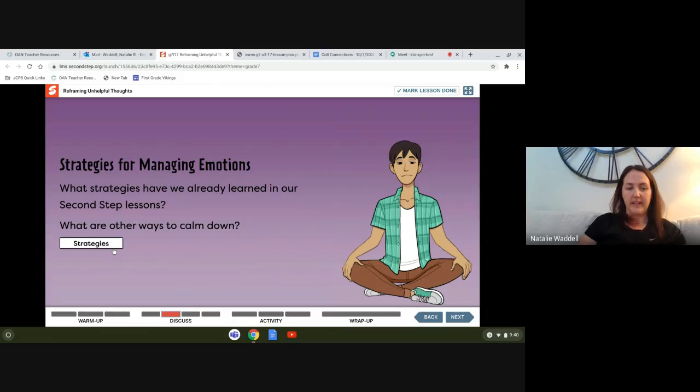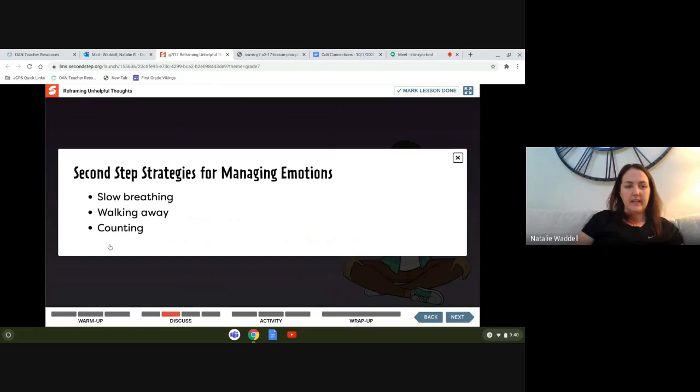Okay, I want you to kind of think about that before I click on them. We've learned some ways the past couple weeks. We've talked about slow breathing, walking away, and counting, and how those are ways that we can get our amygdala to turn down so that the cortex part can help us make a good decision, right?